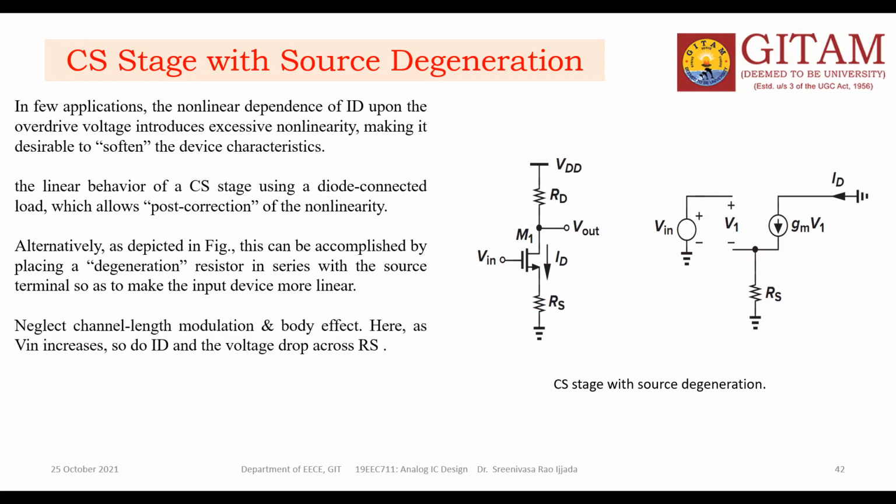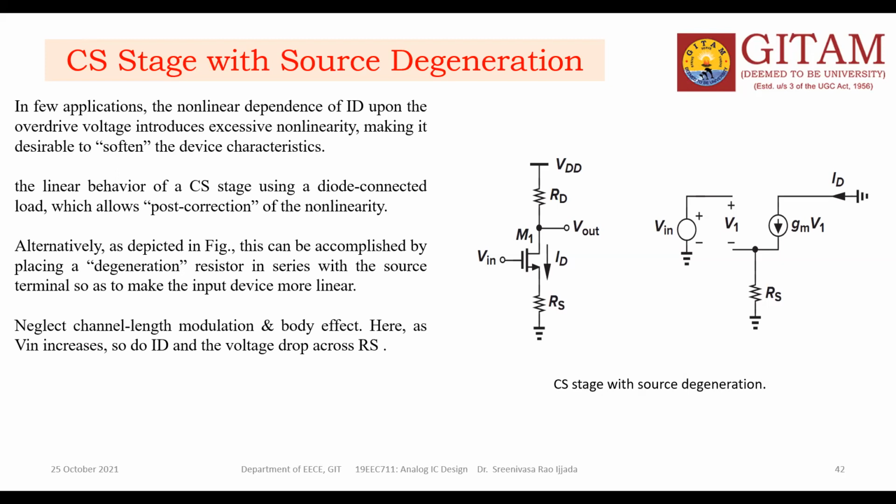So neglect the channel length modulation and body effect here. As Vin increases, so do ID and the voltage drop across RS. So when the input voltage increases, what happens?